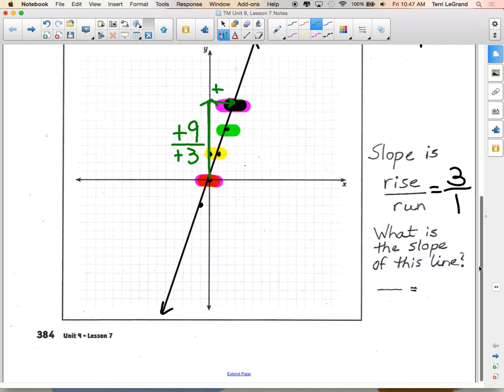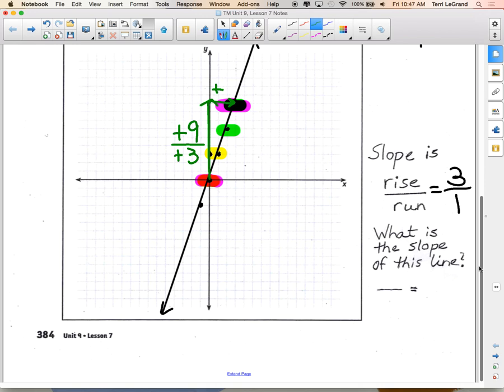Or in other words, what would 3 over 1 divide out to? 3 divided by 1 is 3. What's 9 divided by 3? 3.